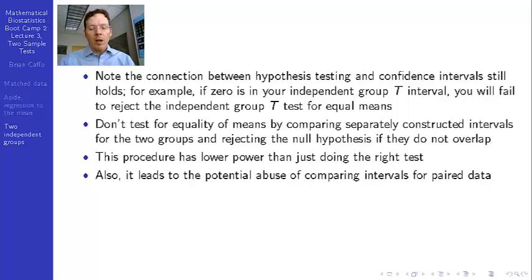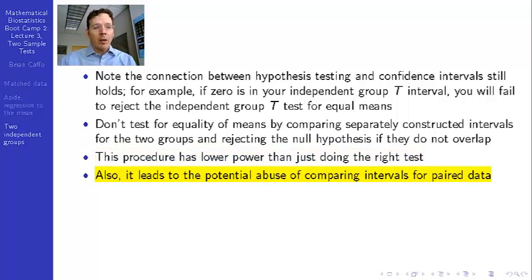But the confidence intervals can overlap, and the test statistic, constructed correctly, would still reject. So the fancier way of saying it is that this procedure of checking whether independently constructed intervals overlap just has lower power than just doing the right test.